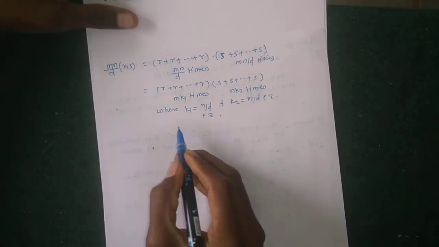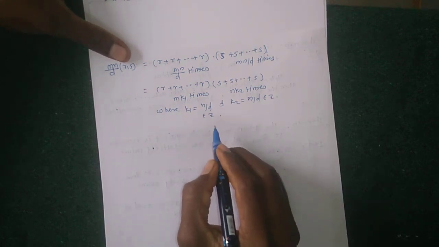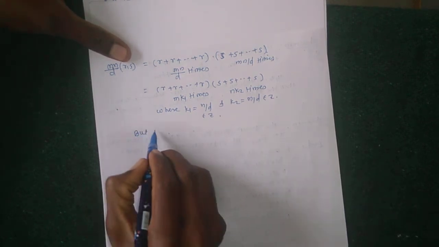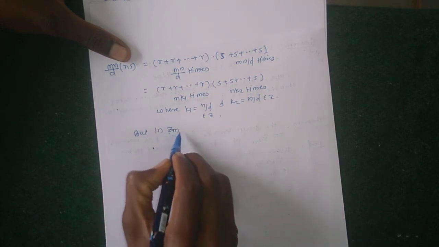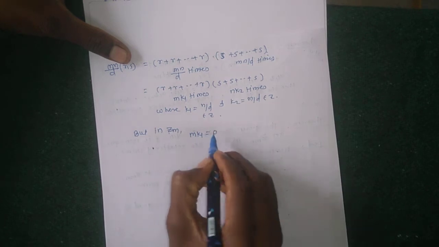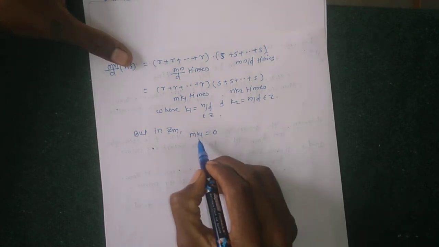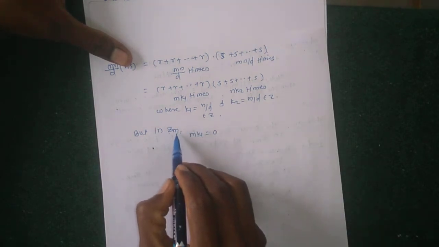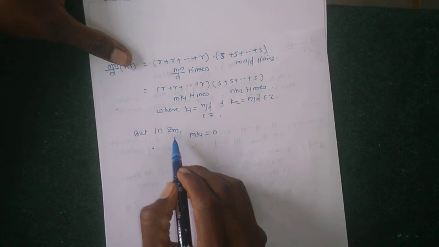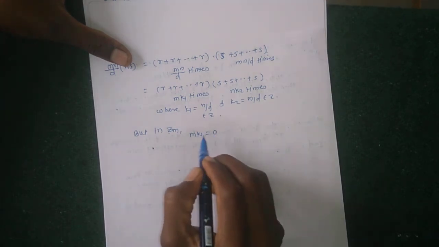But in Zm, mk1 equals 0. Why mk1 equals 0? Because the order of Zm is m, and m into any integer is congruent to 0 modulo m.